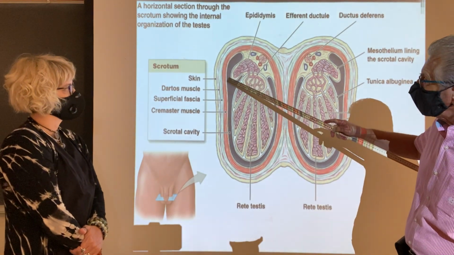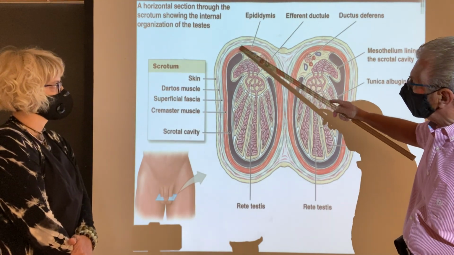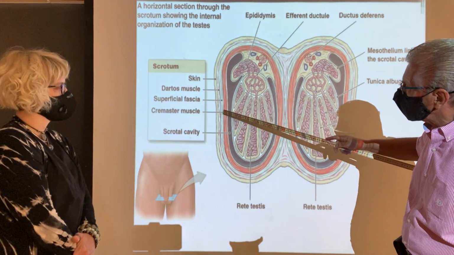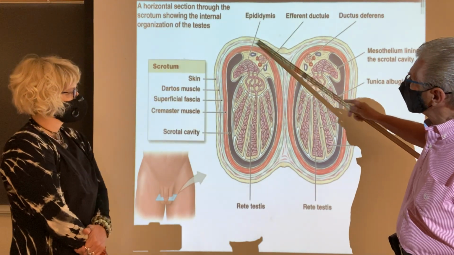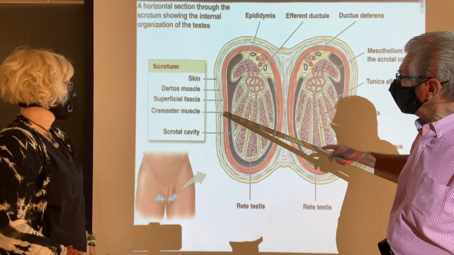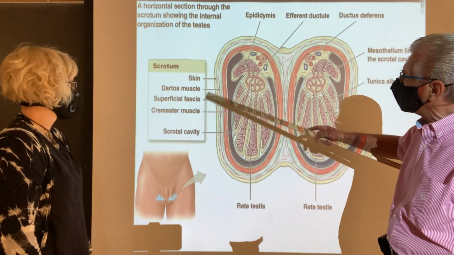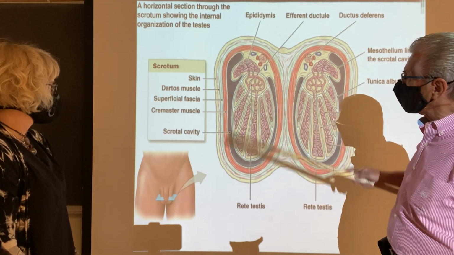As you can see, this is where it is located around the region. Then between the dartos muscle and the cremaster muscle, you see superficial fascia. So this is the connective tissue that is connecting them.